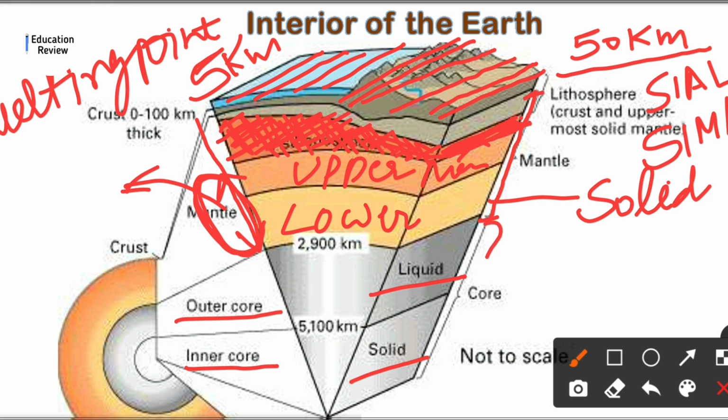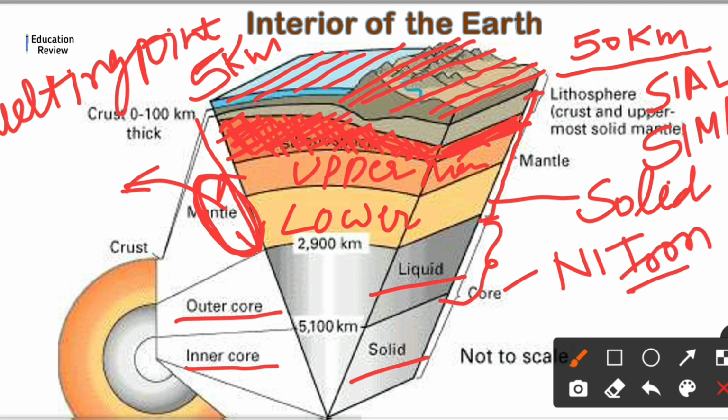Again, we go further below the earth's surface. The third layer is known as the core. The core is also divided into two parts, outer core and inner core. Outer core is in liquid form and inner core is in solid form. Actually the core is formed of nickel and iron.